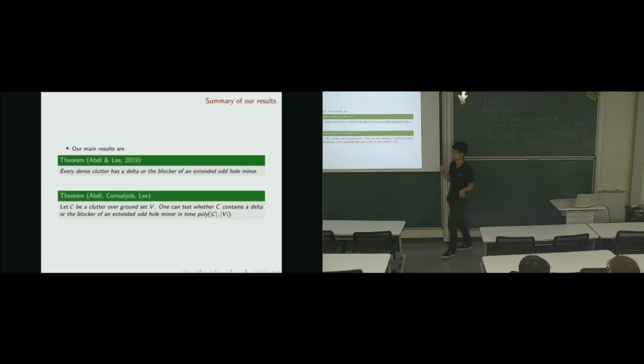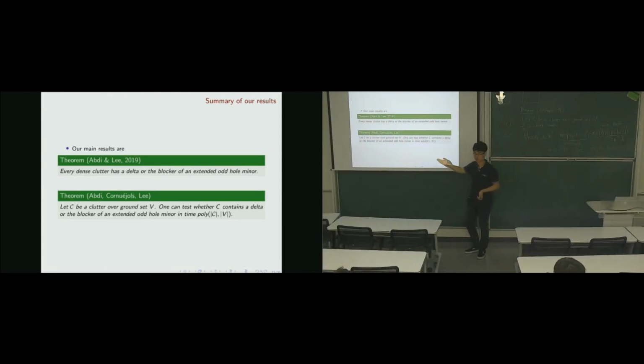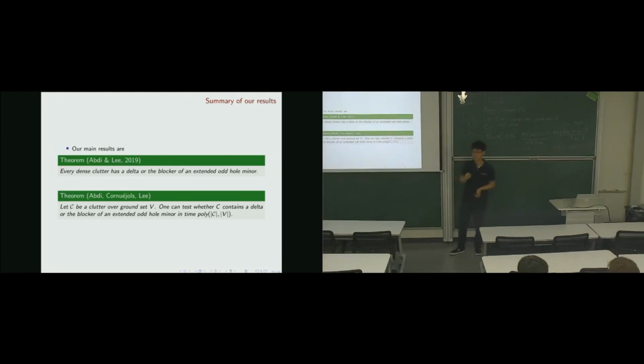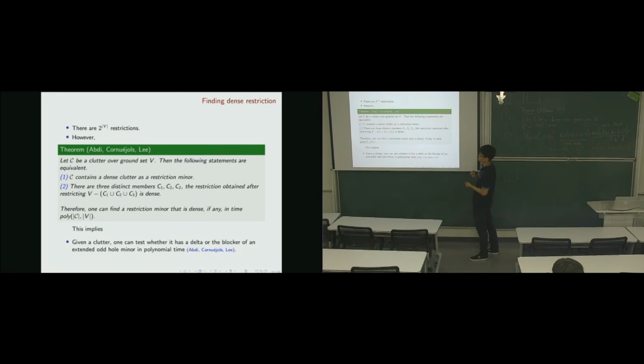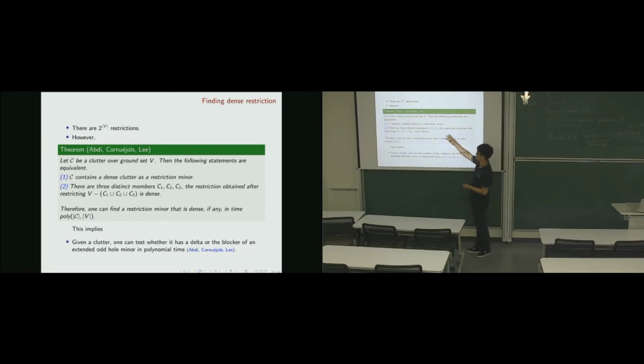So these are our main results. One is some structural result for a dense clutter, and the next one is the algorithm for finding it. Okay. Any question? Okay, I have one. How bad is the runtime? You just need to look at any triple of members.